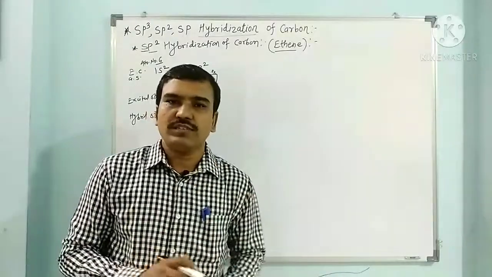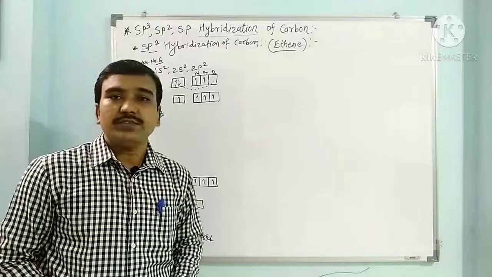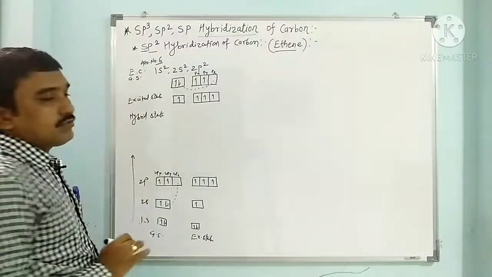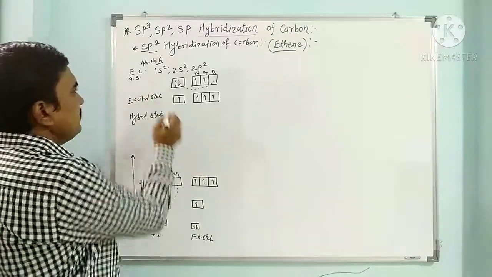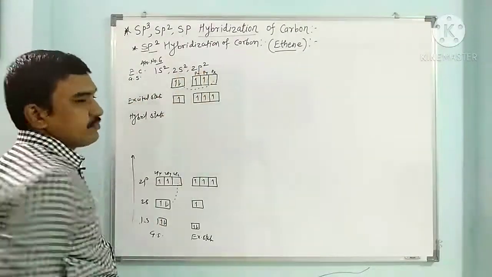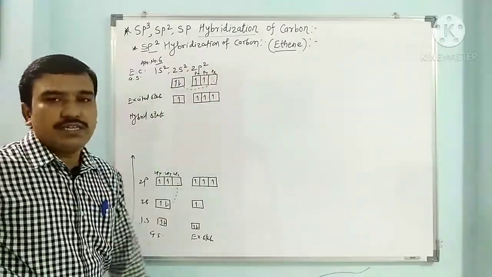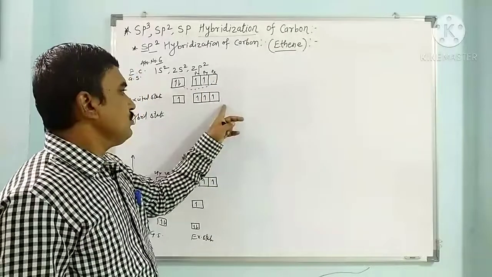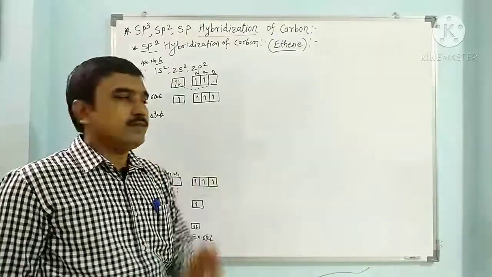If you see the outermost electronic configuration, just like ethane or methane, it is 1s2, 2s2, 2p2. In the excited state, this electron is excited to the higher energy pz orbital. So now all the p orbitals are half filled.